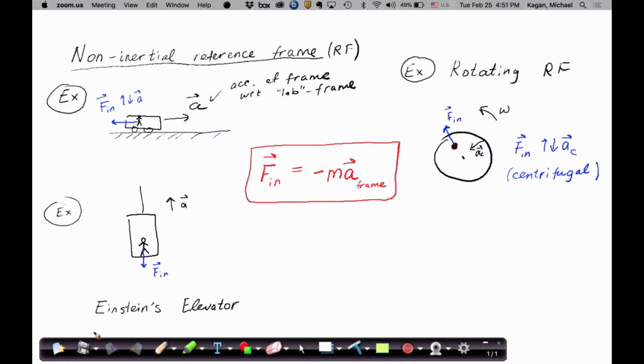Let me just throw this in and we'll come back to the rotating example. As you probably know, there is one more force associated with rotational motion.